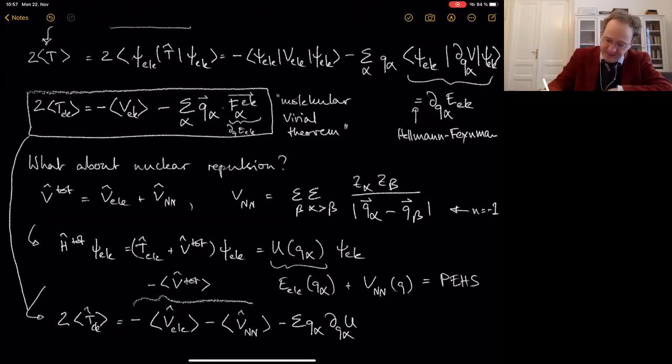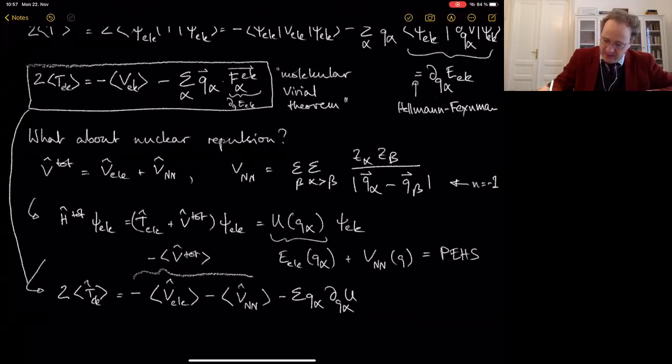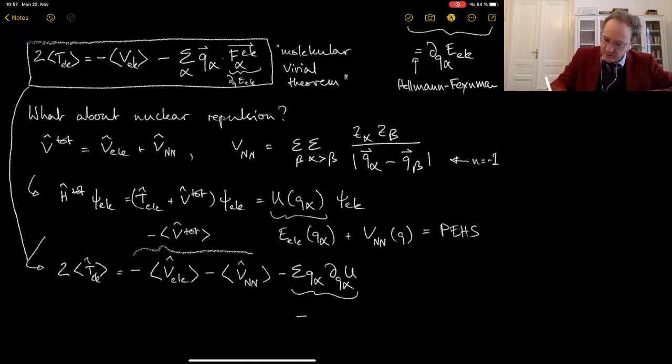And so what you see now is that you get here really the potential energy of Nn, and if you write this out, you have the sum over alpha Q alpha dQ alpha E Euler.